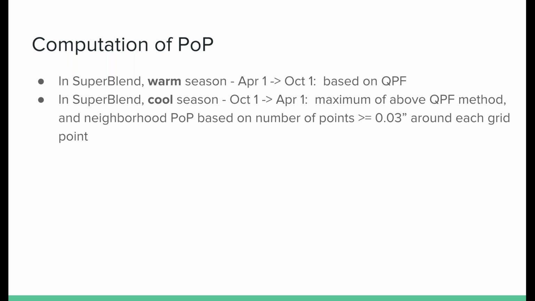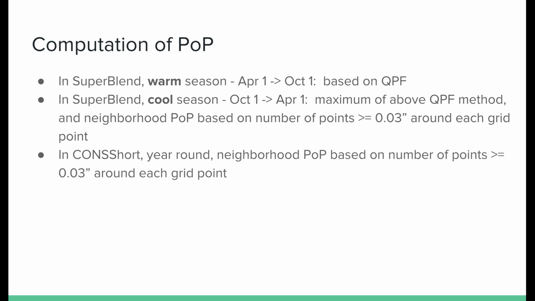The maximum of that, pop based on QPF, and a neighborhood pop technique based on number of points greater than or equal to 300. So right now, during the cool season, when light QPF is easier to come by, you often end up having a pop that's closer to the neighborhood coming out of SuperBlend.